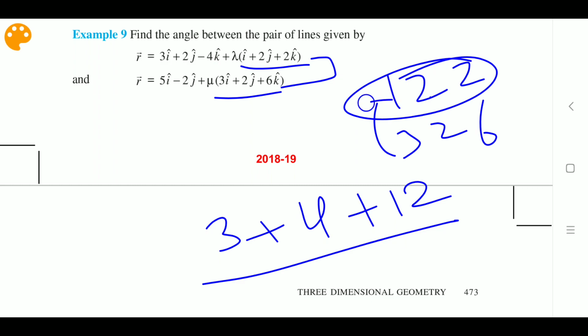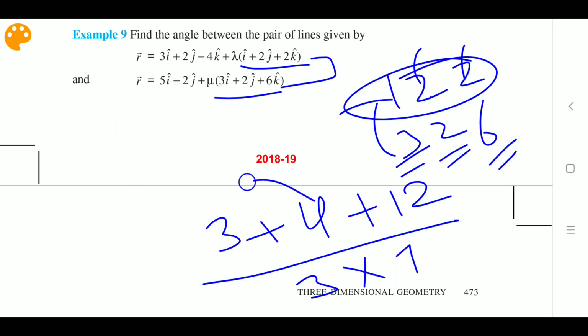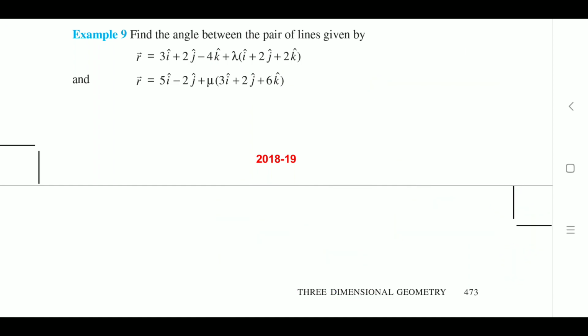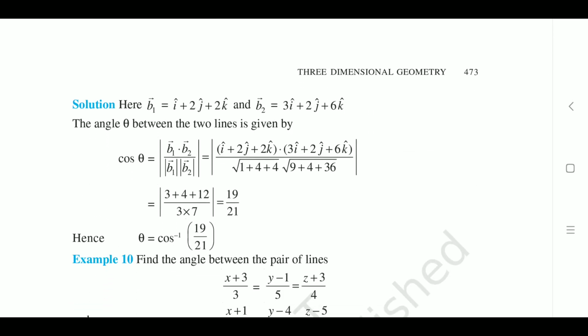This comes out to be 1 plus 4 plus 4 is 9, under root of this is 3, and 9 plus 36 plus 4 is 49, and the under root of 49 gives me 7. So the numerator is 3 plus 12 plus 4, that is 19, by 21. So this is cos inverse 19 by 21.